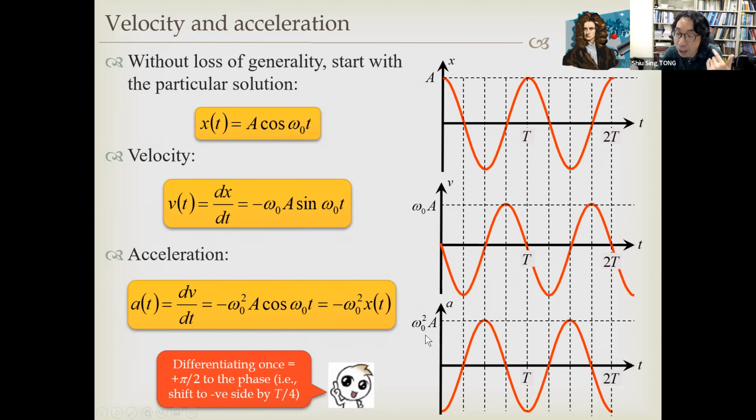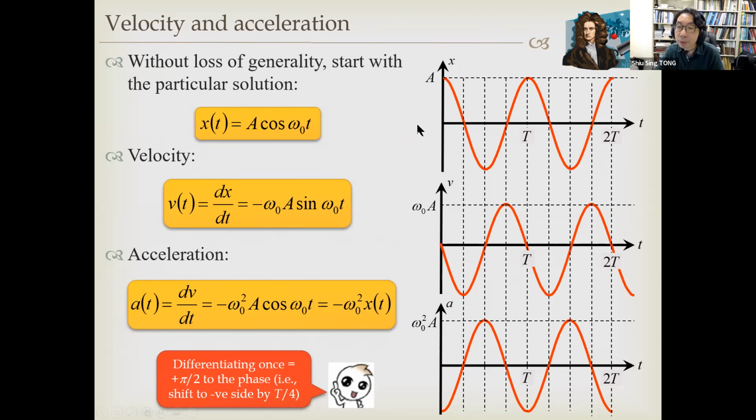And if you multiply another factor of omega naught, that becomes omega naught square A. And the dimension of this quantity is meter per second squared, which is the dimension of acceleration. And in fact, this quantity is the amplitude for the acceleration. This is the maximum acceleration during the motion. Okay, so it's easy to remember.